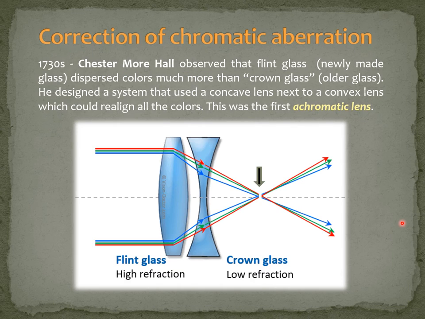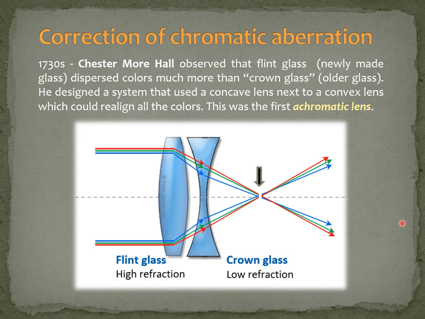So the way to correct this was in fact discovered by Chester Hall in the 1730s, when he made the observation that newly made glass, or flint glass, dispersed the colors in a way different from old glass. It was a characteristic of the glass.